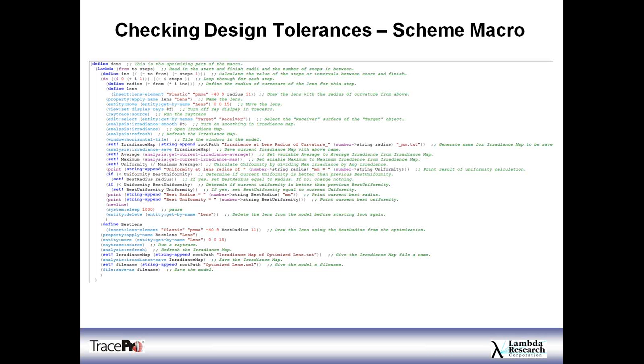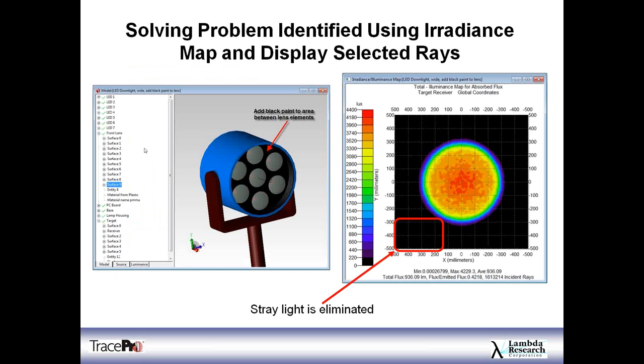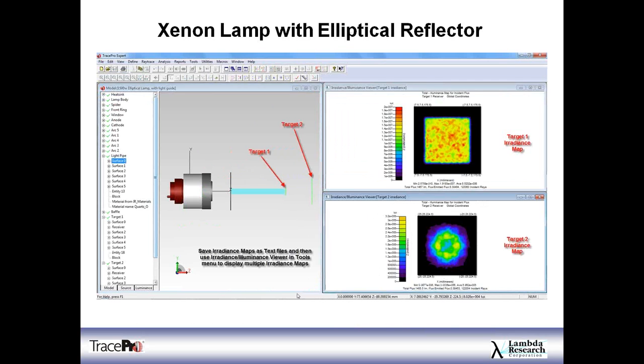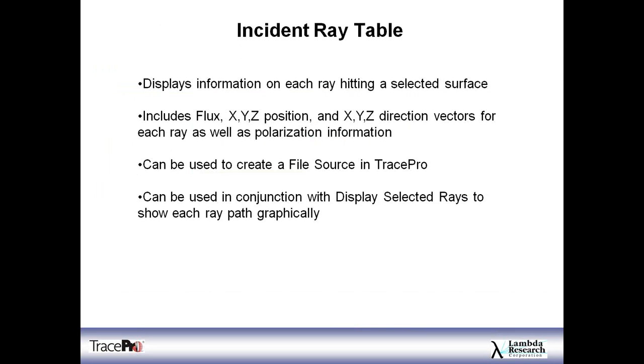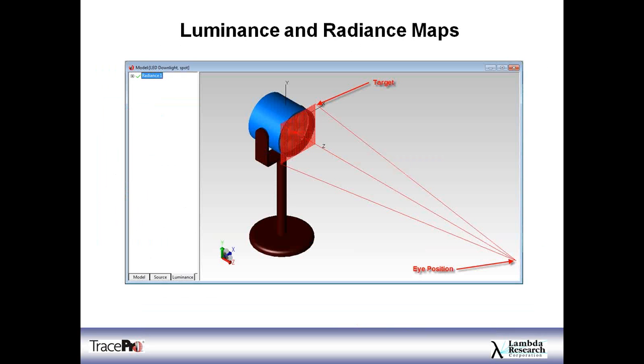One of the more common problems with using the radiance and luminance map is your source. If your source is defined as being collimated or normal to the surface, or if the source is very small, it can be very difficult to get a ray back from your eye position through the target to the source.